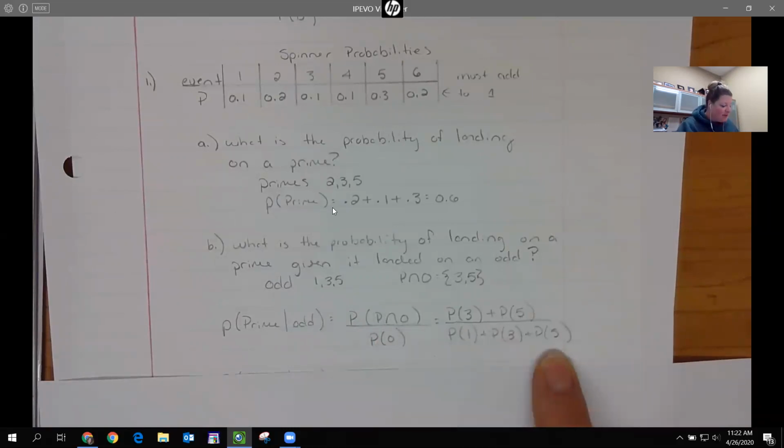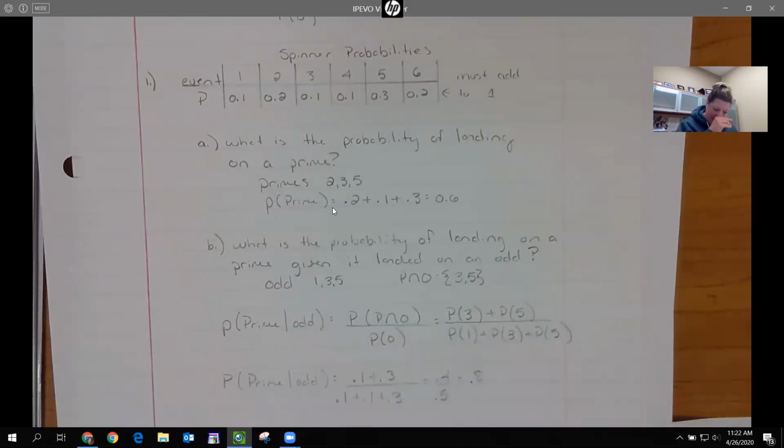Then we add those up and divide and get 0.8. So conditional probability brings in pretty much everything we've learned with unions and intersections. It might even have permutations and combinations involved as well.